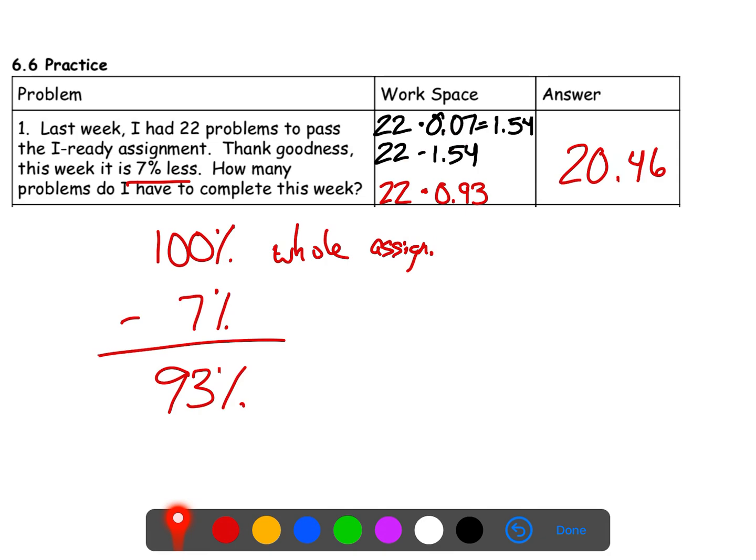Now remember, if a question tells you that something is increasing by a percentage or there's a certain percent more, then you do not subtract, you would add that percentage. If we had to do 7% more questions, we would be adding 7% to the 100, and this would not be 93%, it would be 107%, more than the whole amount.